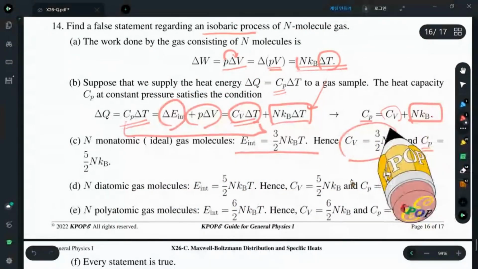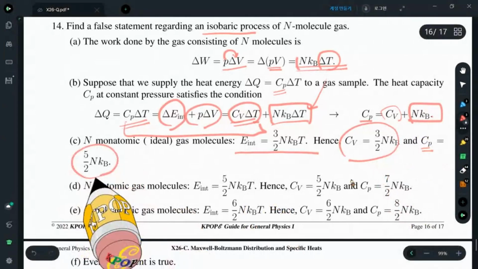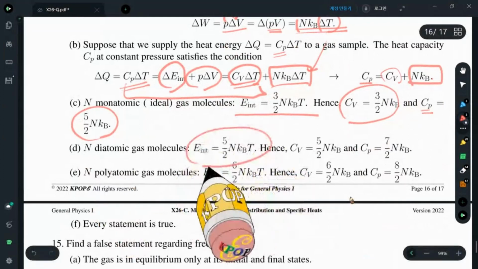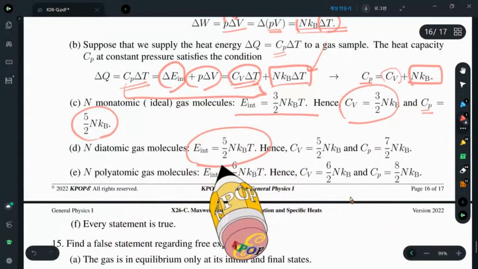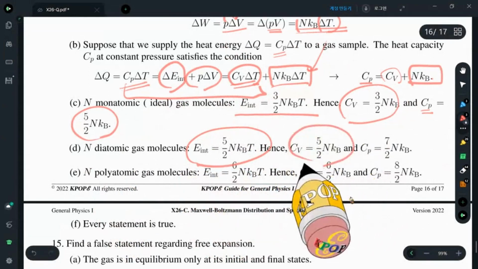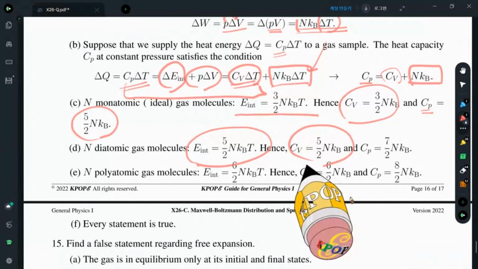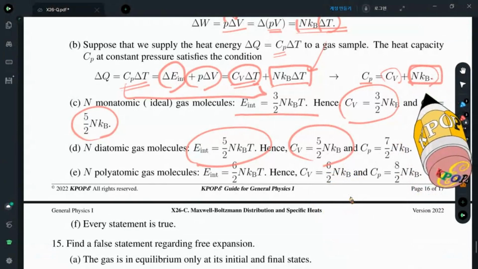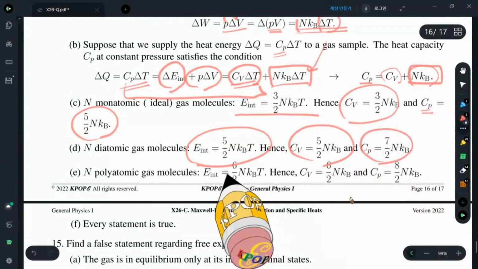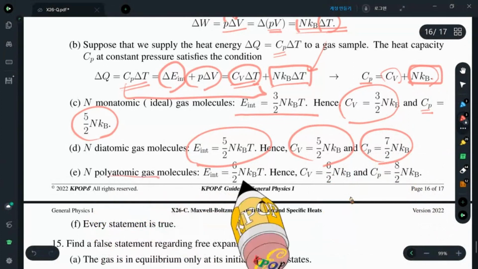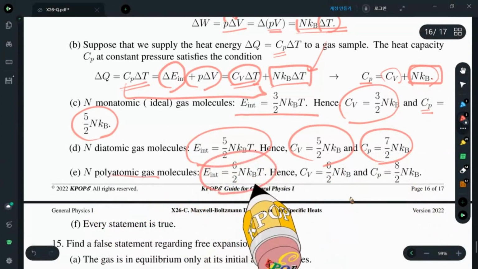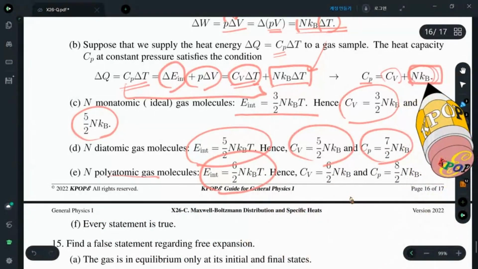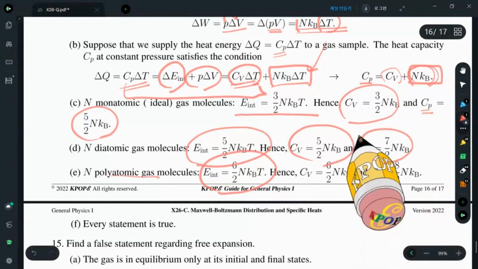So just add NkB to find 5 times 1/2 NkB. For a diatomic gas, the internal energy is 5 times 1/2 NkBT, so Cv has 5 times 1/2, and Cp is just the sum of Cv and NkB, so 7 times 1/2. For a polyatomic gas, the internal energy is 3 NkBT, and if you add NkB, it is 4 NkB for constant pressure.